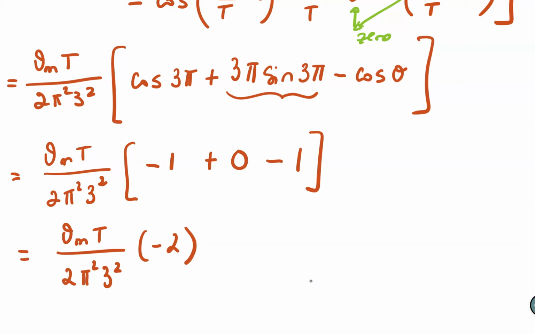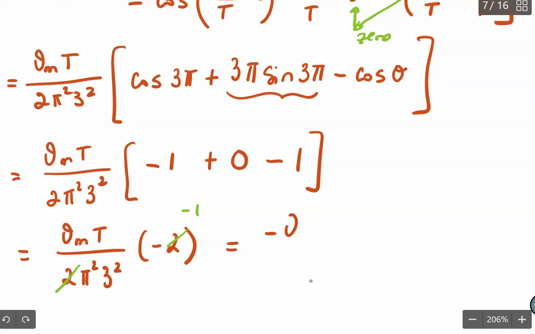I can simplify this and that, and I should have a minus 1 left over. So my integral number 1 will be equal to minus V max times t divided by pi square and 3 square. So we circle this.